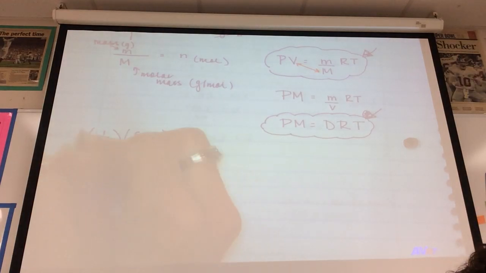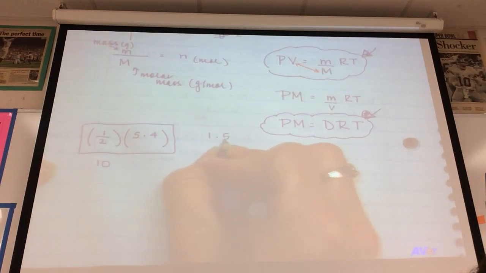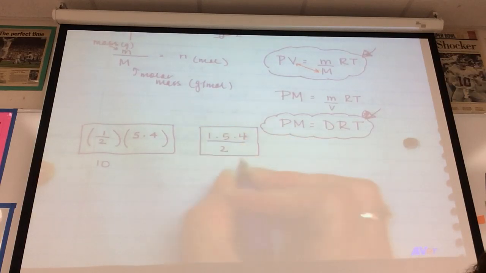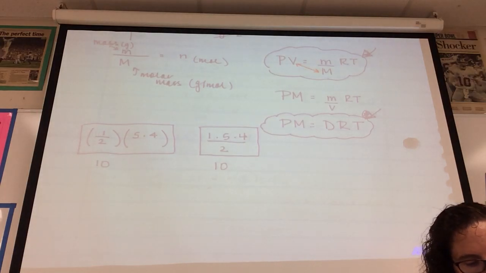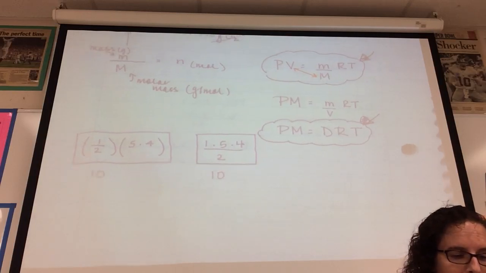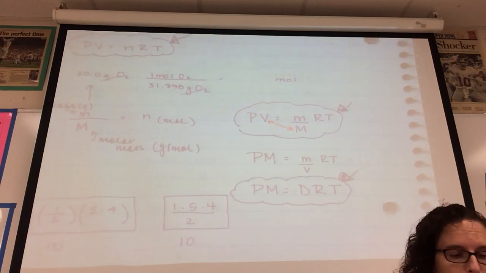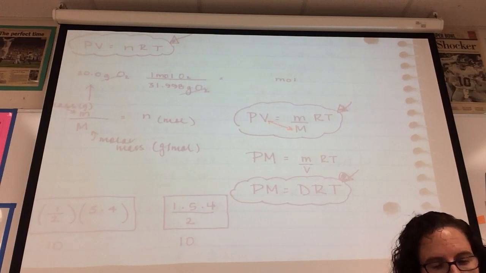And if you do this instead, that's 10 also. So it's the same thing, correct? Yes, yes? Joseph, yes, yes? All right. So it doesn't matter. So those are your formulas. Keep them in front of you as we work through a few problems together, and then we'll see if you can do it. And I know you will.